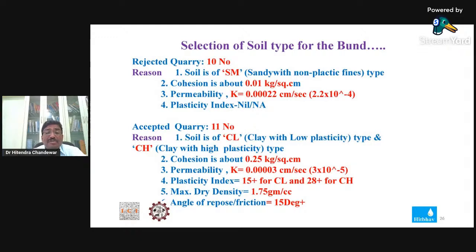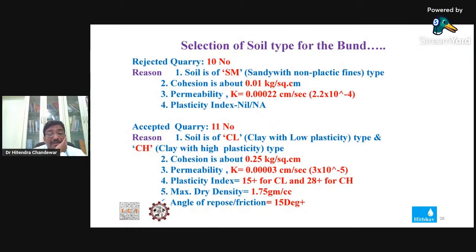Then cohesion is also very less, 0.01 kg per square centimeter, and permeability also very less. Then the plasticity index was nearly nil. So we have rejected 10 sources of the soil, and out of 21 we accepted 11. This is because the soil there was of CL type, clay with low plasticity, and CH type, that is clay with high plasticity index.